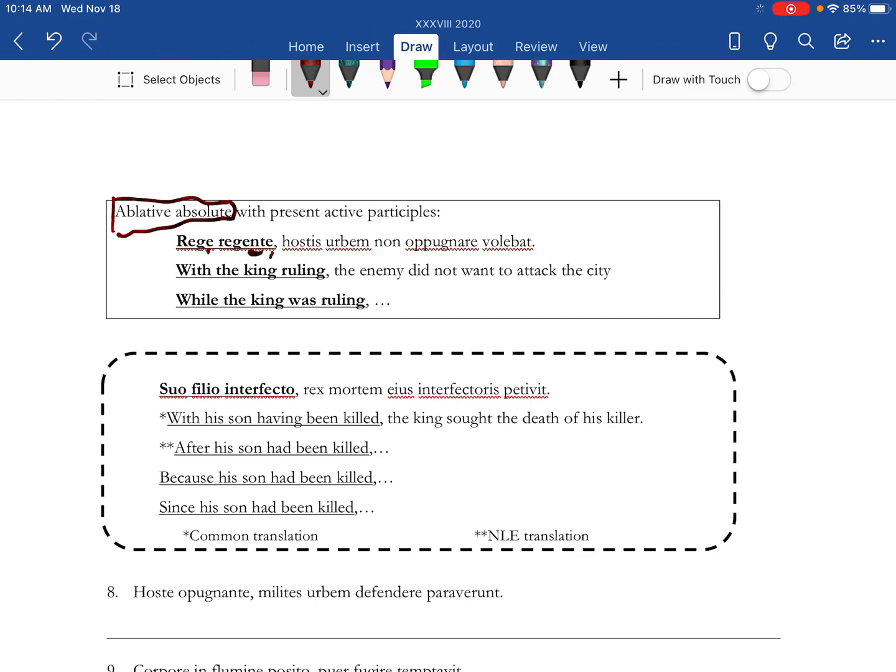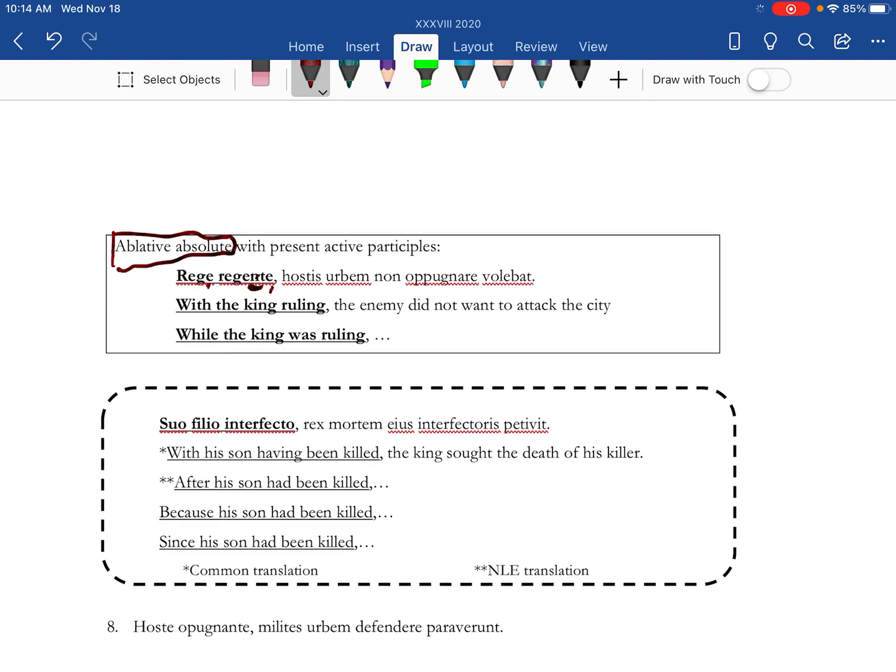So rege, with the king, NT, ruling. Now, you can translate it while the king was ruling. Either works. But if you need to fall back on something, fall back on the grammar and translating that you know. With for ablative and blanking for the participle.